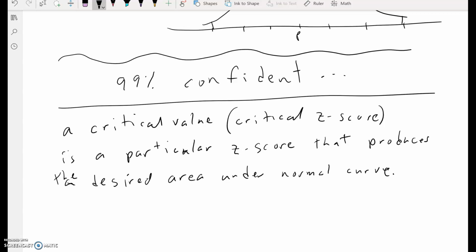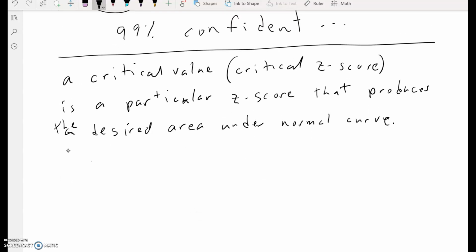All right. Now, in our textbook, the symbol they use is a Z with a little asterisk up there. A lot of textbooks use that for the symbol for their critical Z. In other textbooks, though, you might see Z with the subscript C for critical. And also, I've seen a Z with the subscript alpha divided by 2.